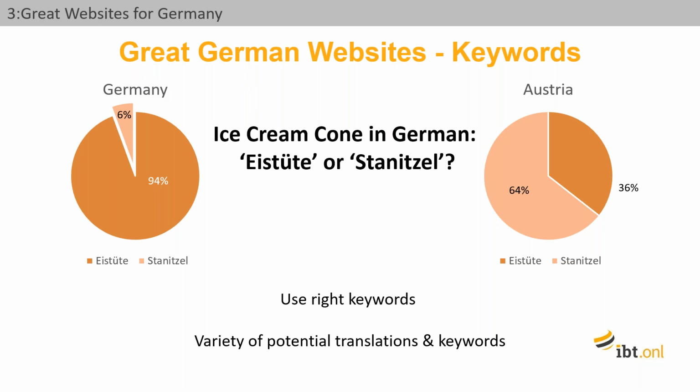Austrians would understand the word Eistüte, and even a third would use it, but they also have another word, which is called Stanitzel, and more than 64% would prefer the word Stanitzel for an ice cream cone over Eistüte. So even if these countries are sharing the same language, the keywords can be really different because of the dialects and preferences in wording in these countries.